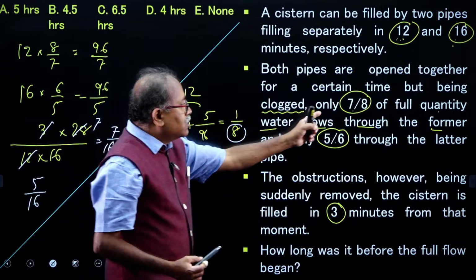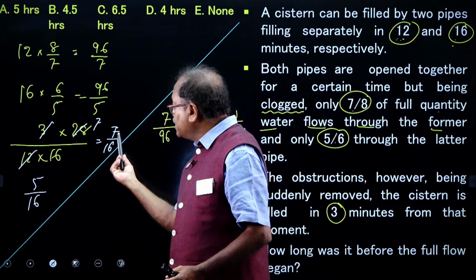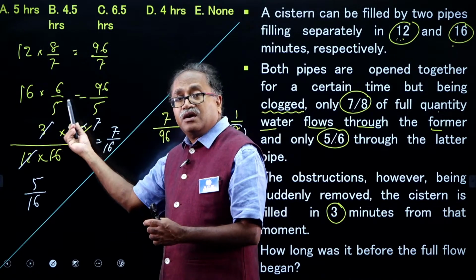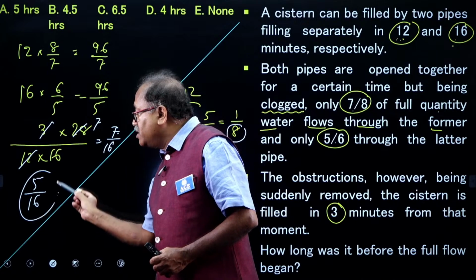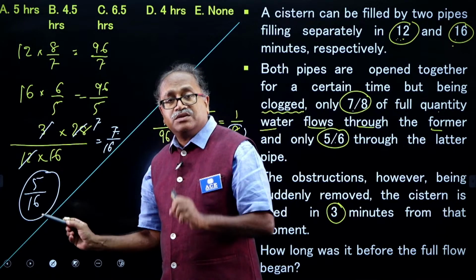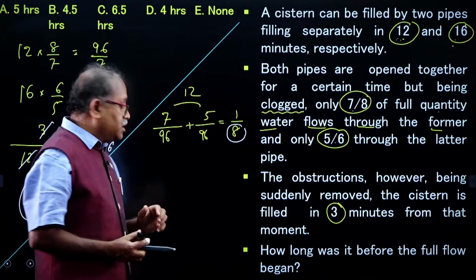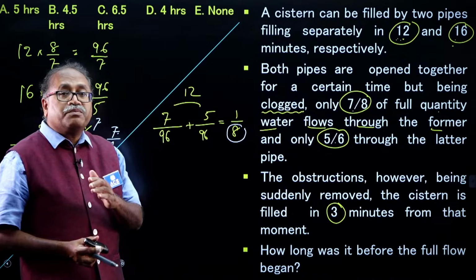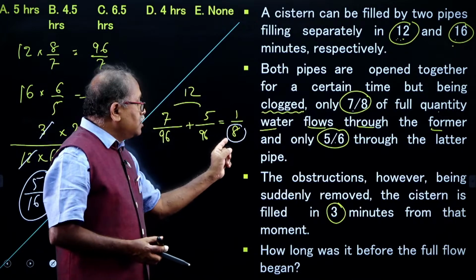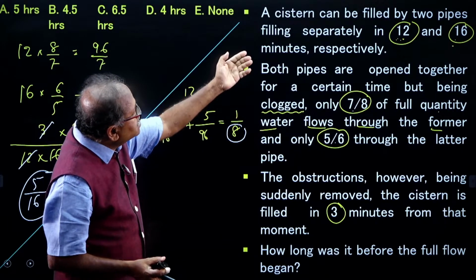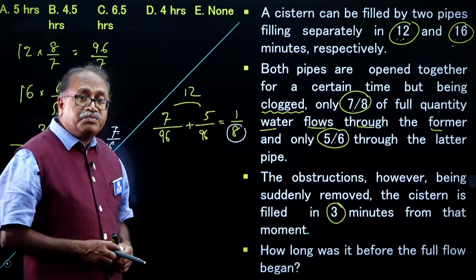Now, with this clog, what part of the tank was filled? So, 7 by 16 was filled in the last 3 minutes, that means 5 by 16 was filled before that. So, how much time will it take to fill this part of the tank, where it fills the whole tank in 8 minutes or hours? In 8 hours.